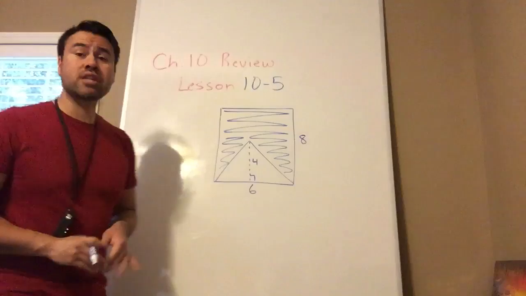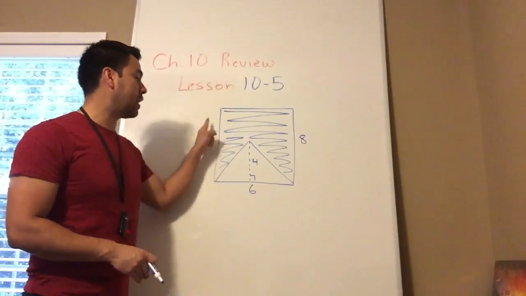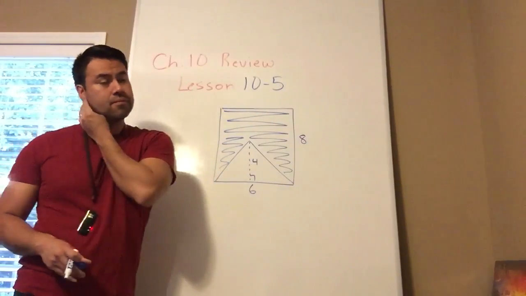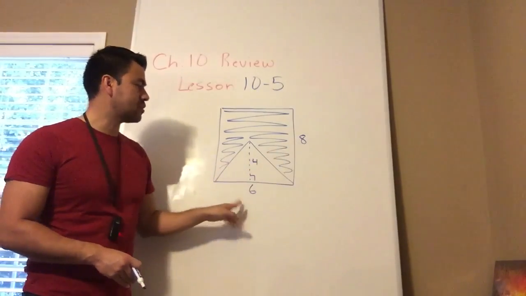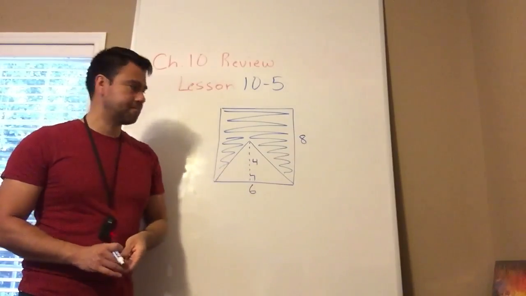Okay, so first identify the shapes that are in play here. So I guess this is a rectangle, right? Because of the difference between the length and width. So it's not a square, it's a rectangle. And then I have a triangle inside.